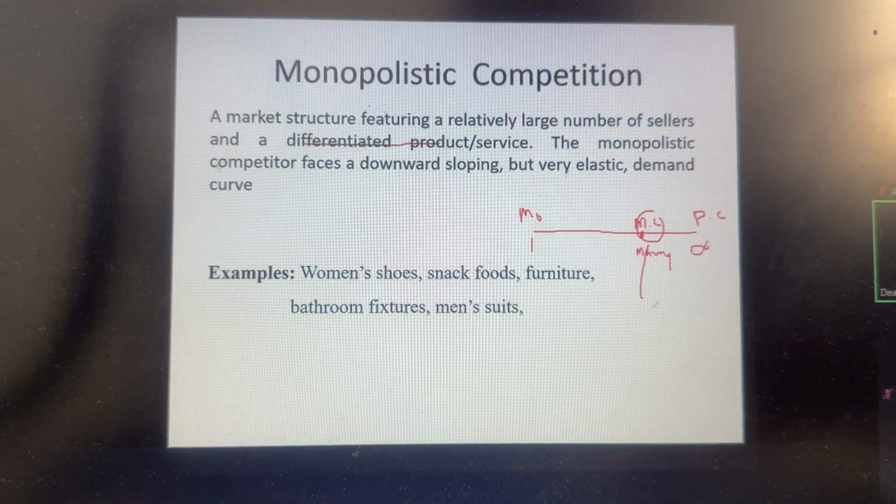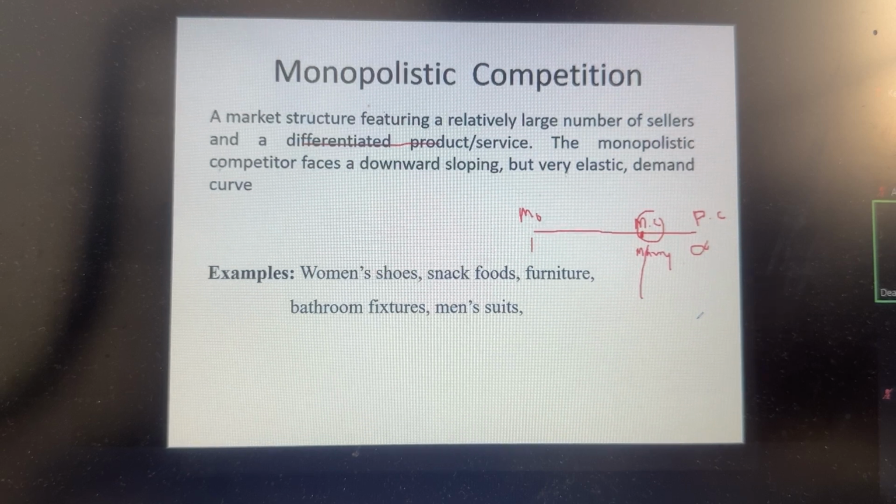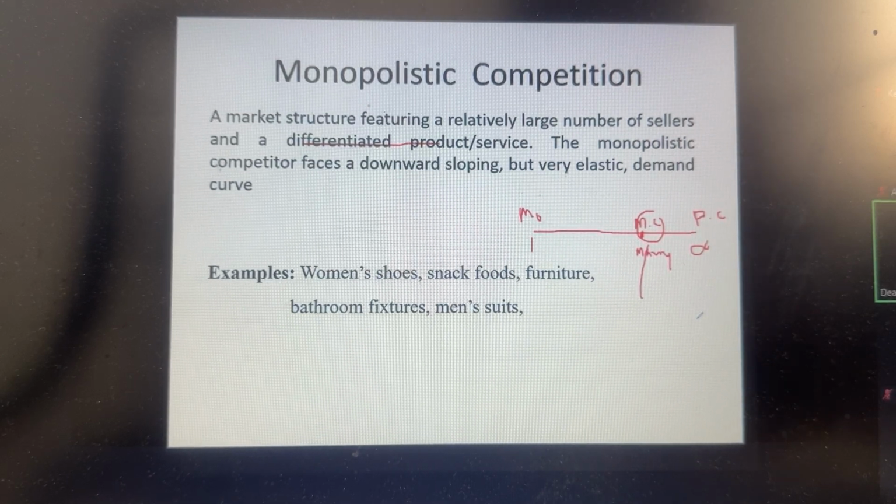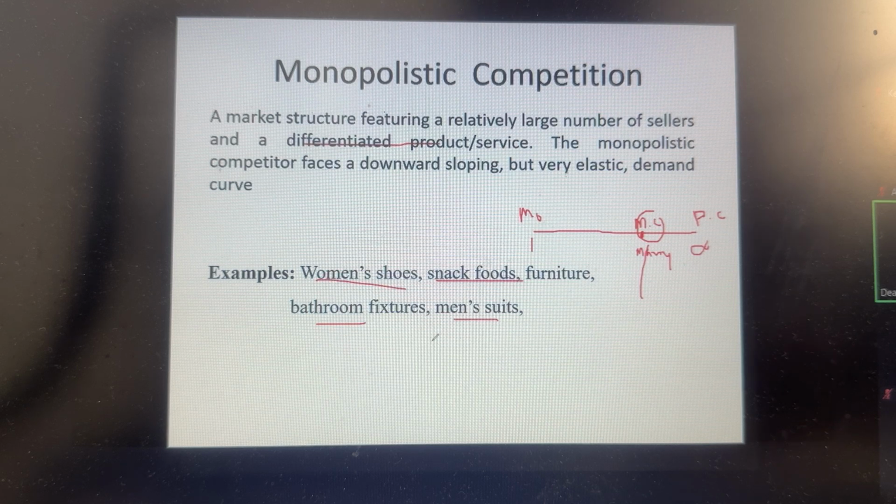In monopolistic competition, you can have differentiated products. For example, toothpaste, soap. The number of brands is very high. How many toothpaste varieties? How many soap varieties? How many cookies do we have? And snack food we have, right? Some examples I put here: women's shoes, so many varieties, different brands, right?